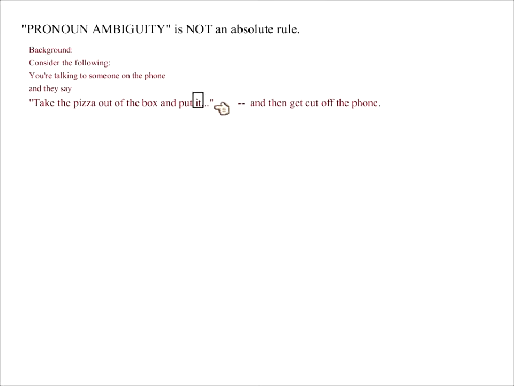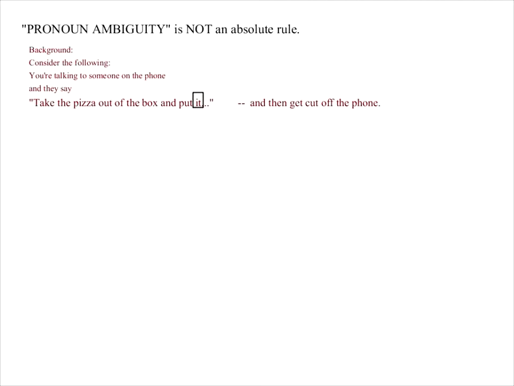If you think it stands for the pizza, put that in the text box, and if you think it's the box, put that in the text box. Okay, so if you look at people's answers in the text box, we have absolutely uniform responses of the pizza.